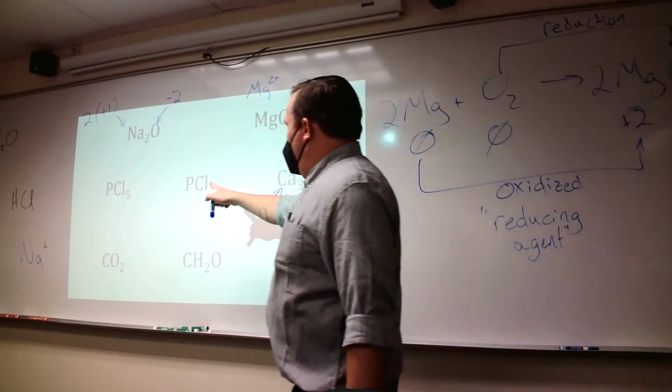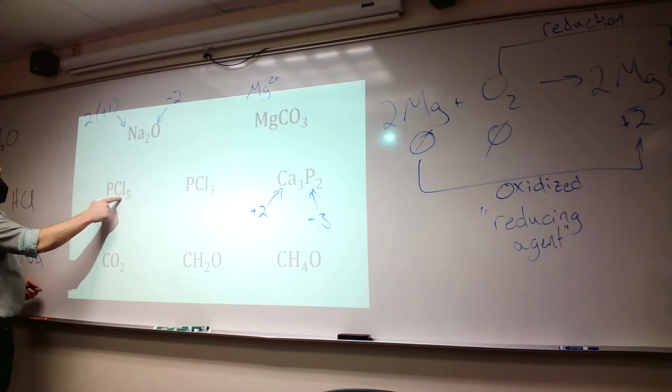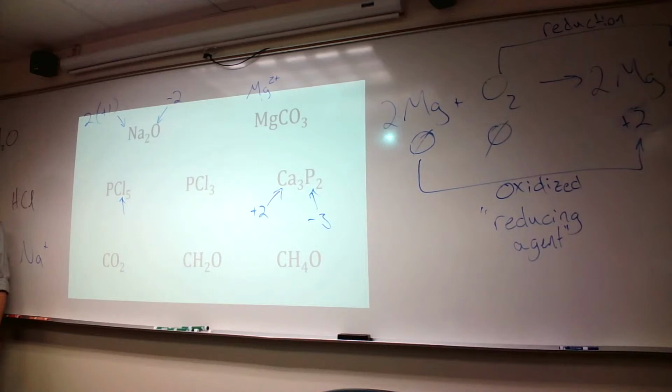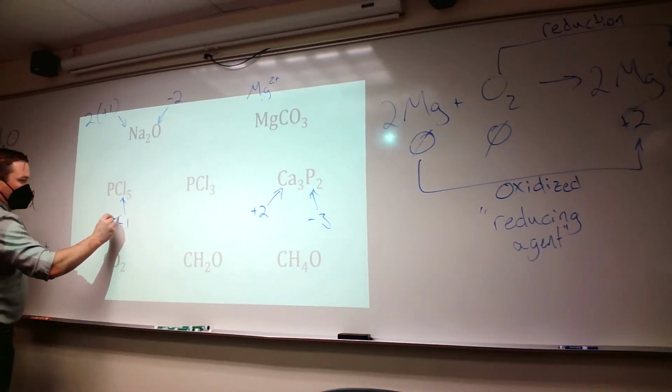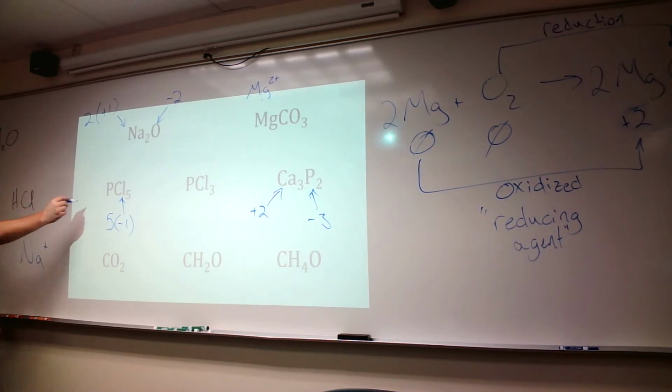Phosphorus pentachloride. Each chlorine is one of our more electronegative elements, right? So we need to make sure the chlorides are satisfied first, which means the chlorides each have to be -1. And there are 5 of them, which means our phosphorus has to be +5.